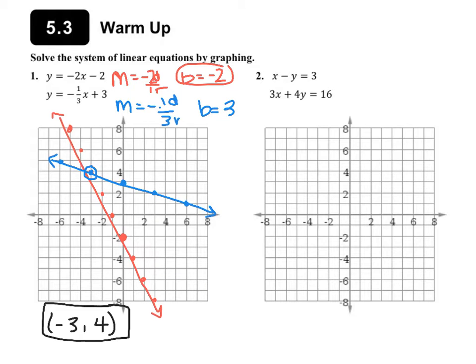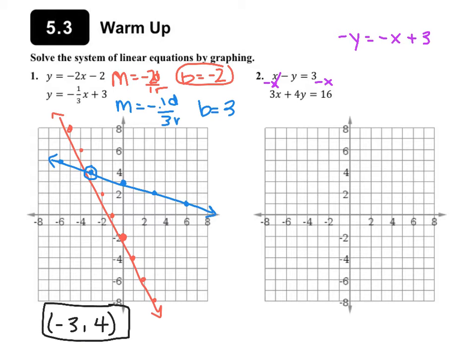In number 2, I have to get y by itself so that these are in y equals mx plus b form. So this is a little bit more work. If I look at my first line, I am going to subtract x from both sides. So then -y equals -x plus 3.